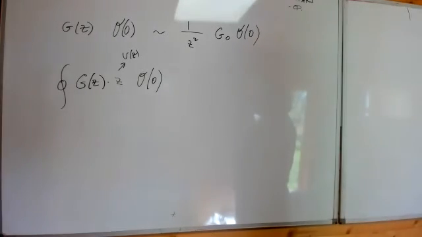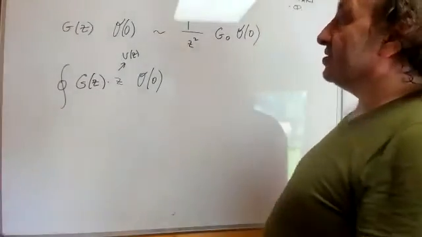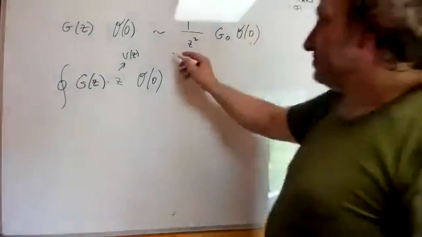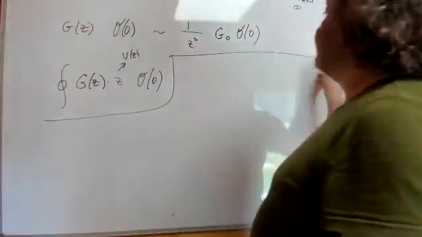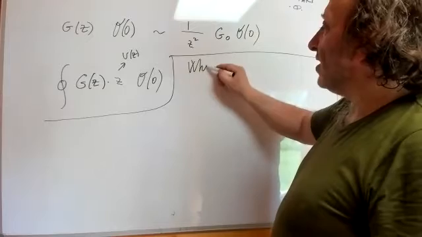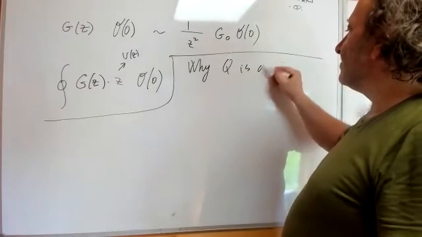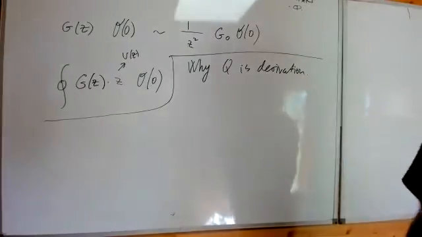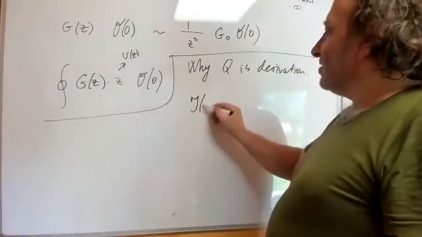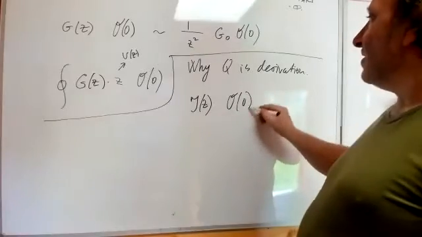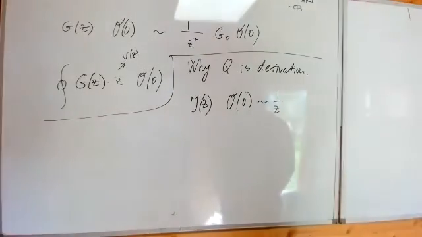Now, what can we say about whether it is a derivation or not? First of all, why is Q a derivation in conformal field theory? Because we take the contour, but here we look at the first order pole.